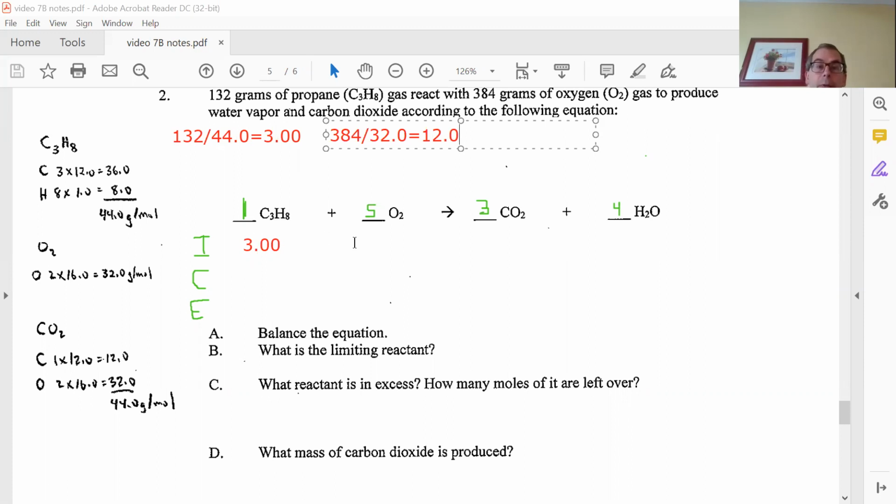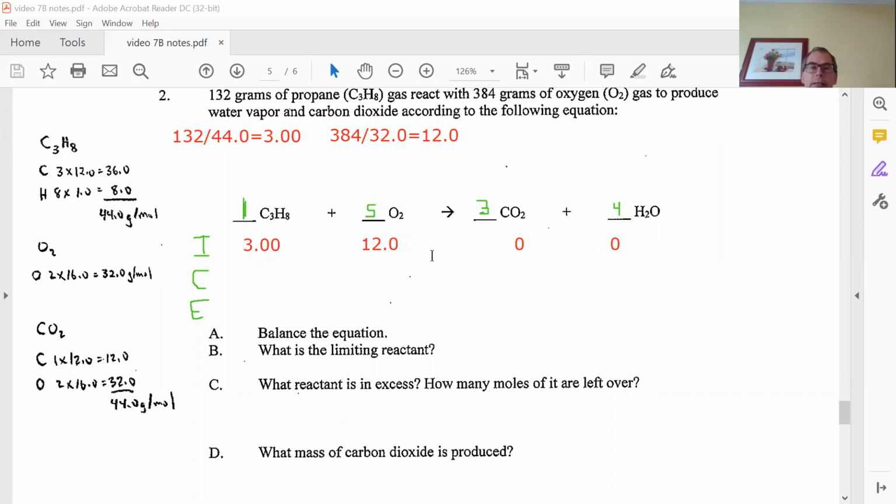All right, and I'm going to put 12.0 right here. Do we have any CO2? Not at the beginning, so this is going to be a 0. If I wanted to carry over to our H2O, I could say that's a 0 as well.